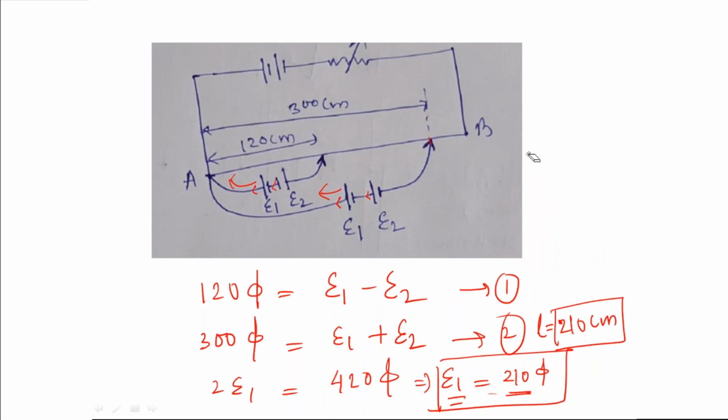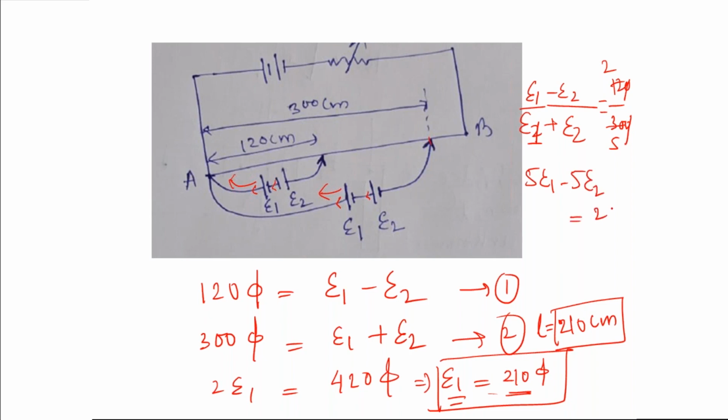Now let us check the ratio of E1 by E2. Let us take the ratio of these two equations. E1 minus E2 over E1 plus E2 is equal to 120 divided by 300, that is 2 by 5. Multiplying, 5E1 minus 5E2 is equal to 2E1 plus 2E2.